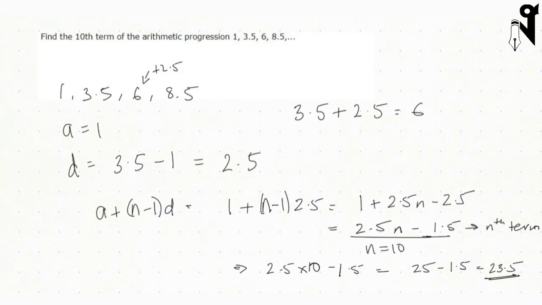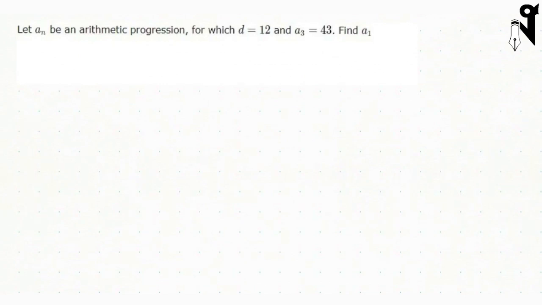Very easy. Let's look at another problem quickly. Let a_n be an arithmetic progression, which is the general term or the nth term, for which d, the common difference, is given as 12, and a3 is 43. So I have the sequence a, a plus 12, a plus 2 times 12.